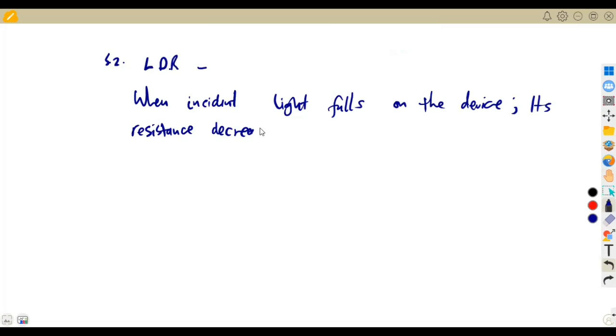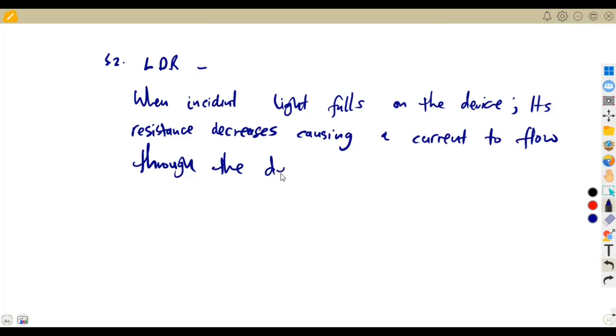So we are going to have a decrease in the resistance, causing a current to flow through the device. So its resistance decreases, and this causes a current flow through the device. That is what you simply have in this case.